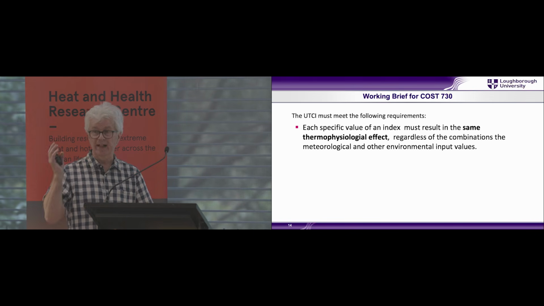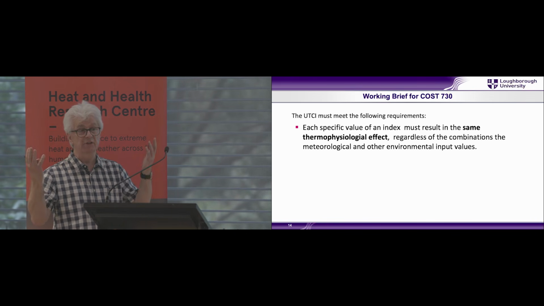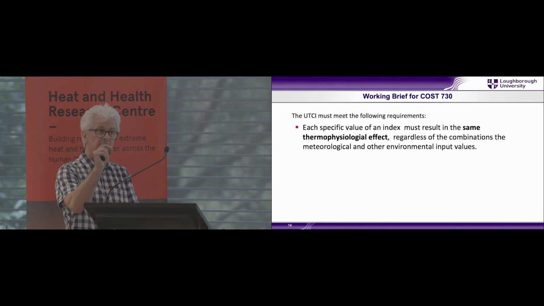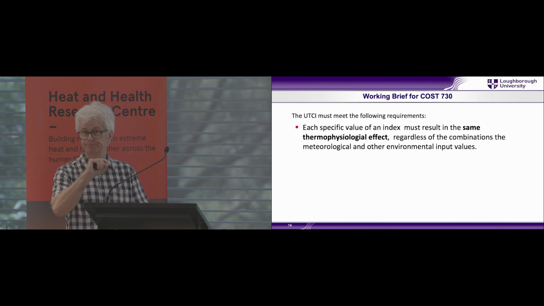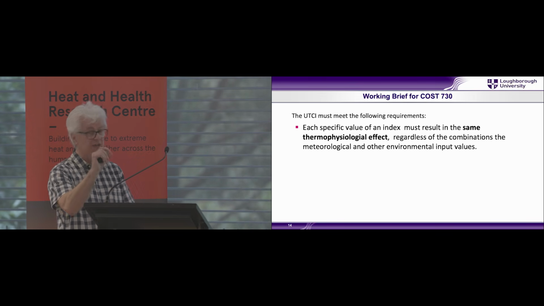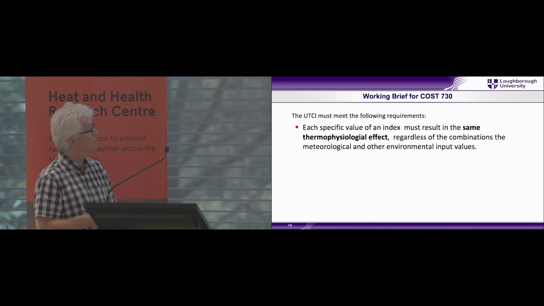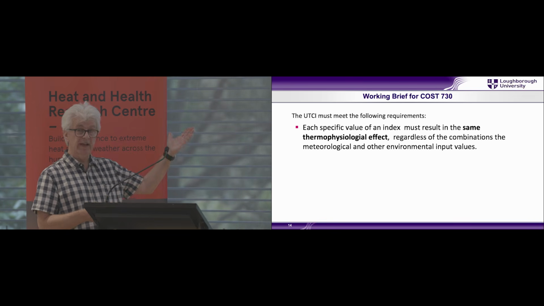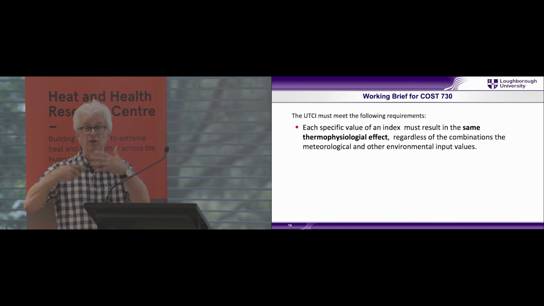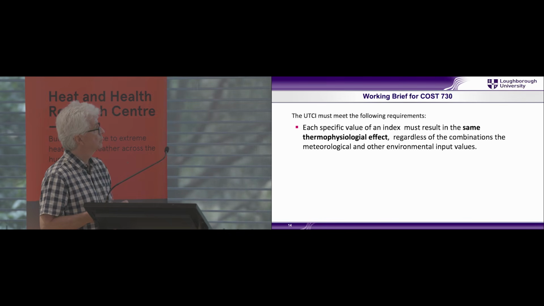So once you have a value, let's say 50 or whatever it is, that has to be linked to a specific response of the body. And we'll come later on, that's not a simple single parameter response, but a combined response. So that was a really important one, because if you don't have that, you can't link the index with specific situations, because you could have multiple solutions to it.